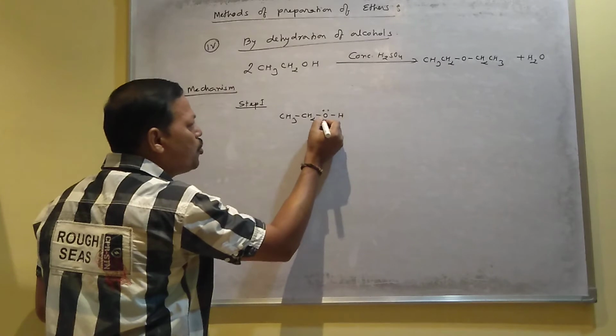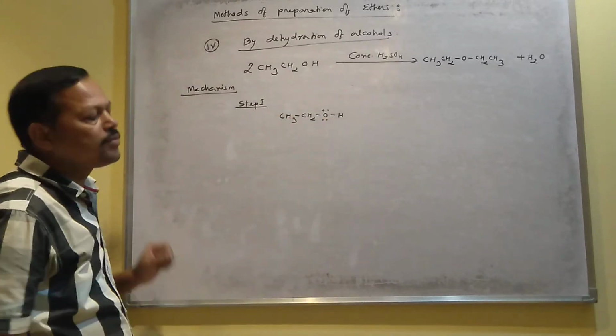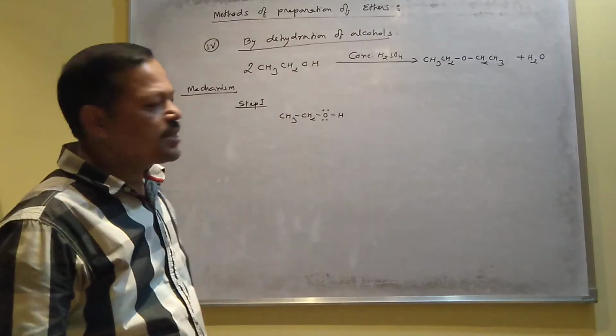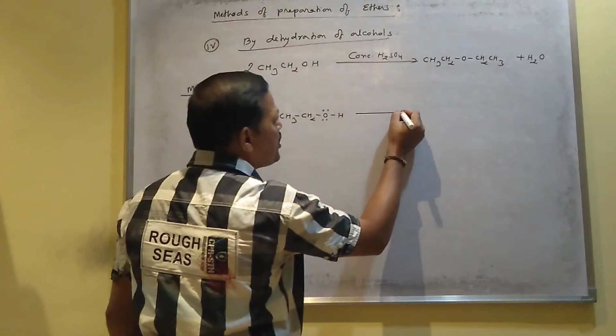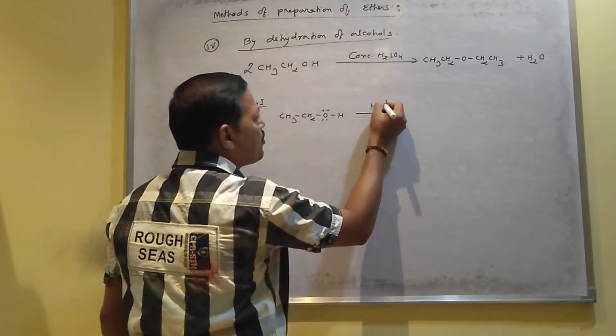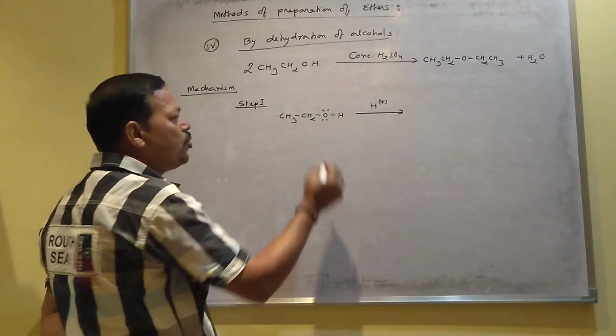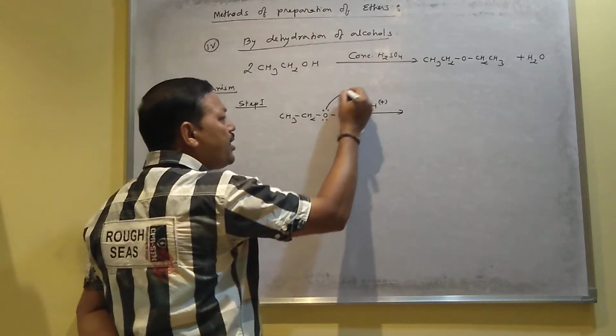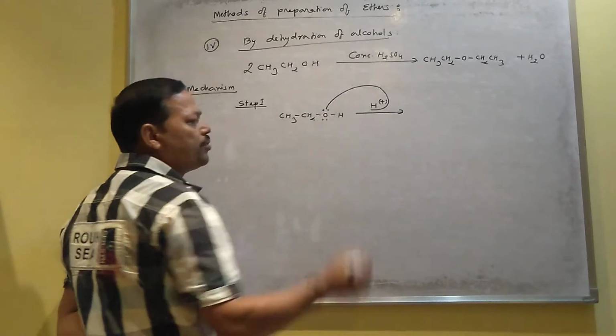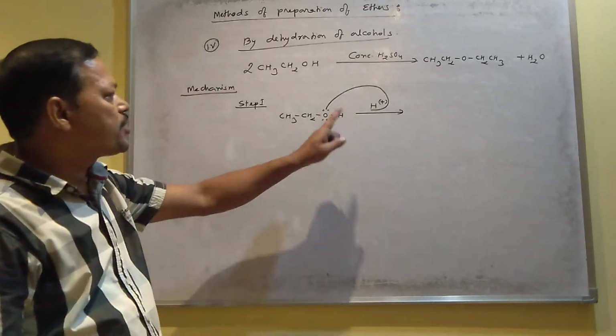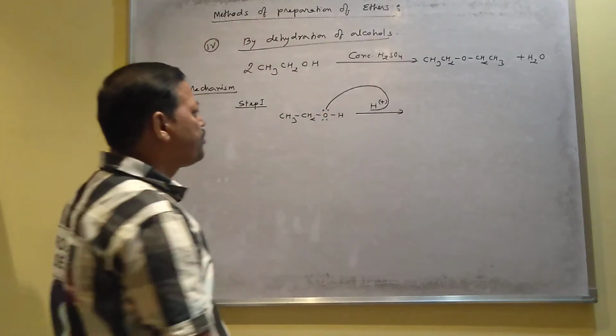Oxygen always has two lone pairs of electrons, you know. And since acid is present, acid always gives H plus ion. So due to the presence of H plus ion from the acid, the lone pair of oxygen immediately takes the proton. I mean H plus will be joined with oxygen.